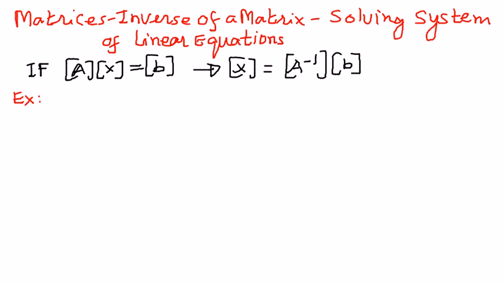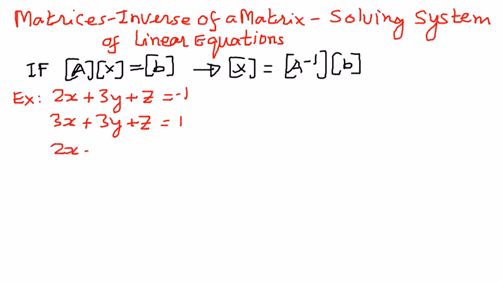The linear equations are given to us as follows. 2x plus 3y plus z is equal to -1, and then 3x plus 3y plus z is equal to 1, and then 2x plus 4y plus z is equal to -2. Let's say this is equation number 1, this is equation 2, and this is equation number 3.